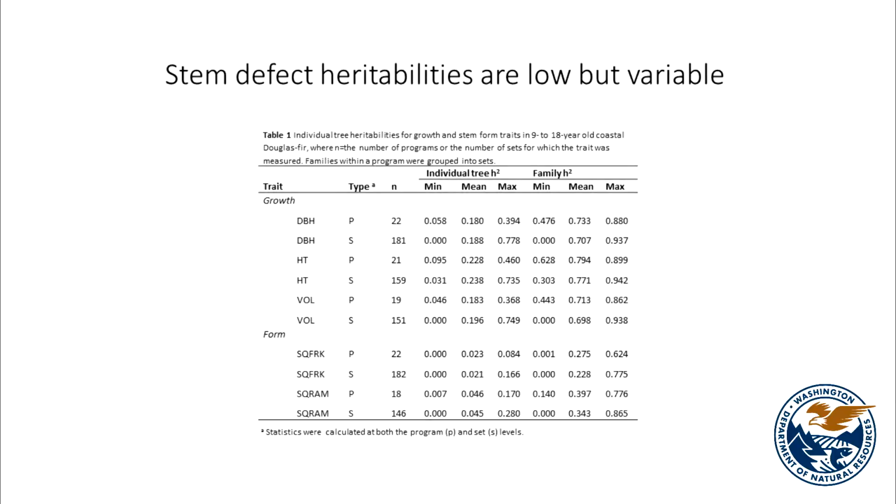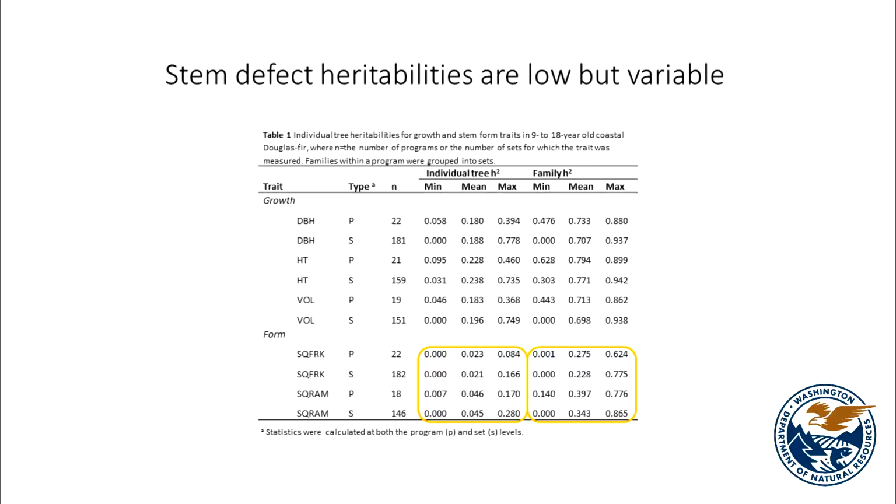So then we wanted to take a look at the heritabilities of the 2 stem form traits that we were looking at, forks and ramicorns, and they are low, but they are variable. So in some cases we have programs that have almost a 0.3 heritability for ramicorn branches, but they're mostly lower than that.